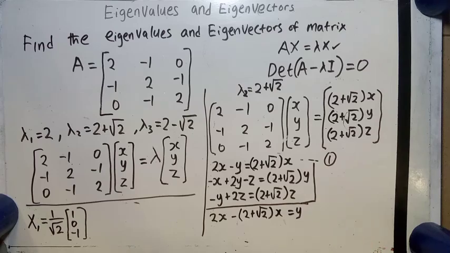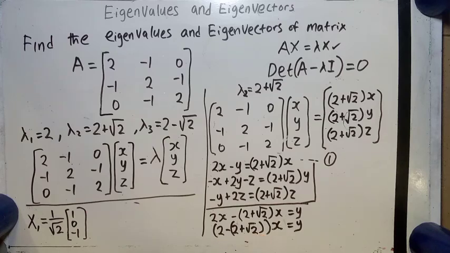Now you can also factor out your x, so you're left with 2 minus 2 plus root 2, all of this multiplied by x, is equal to y. Now you can go on with your calculator.